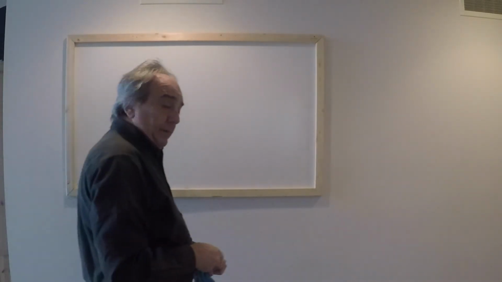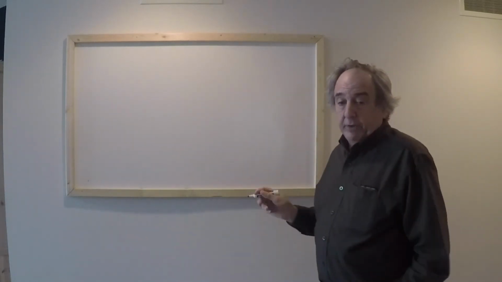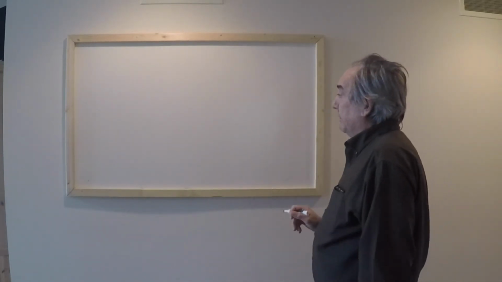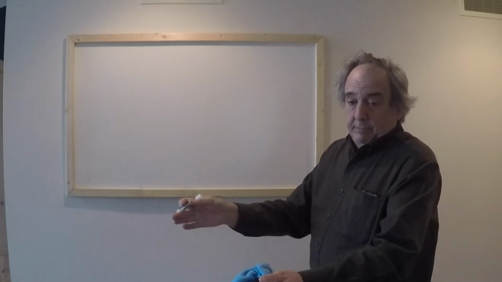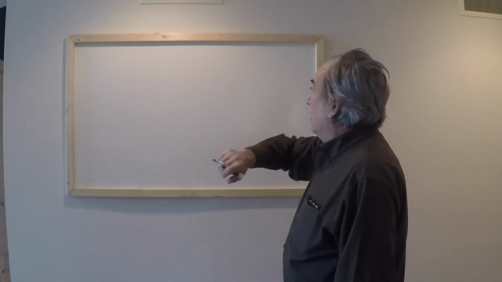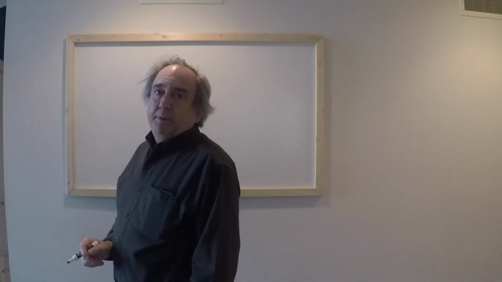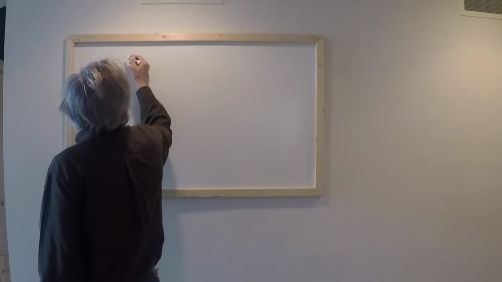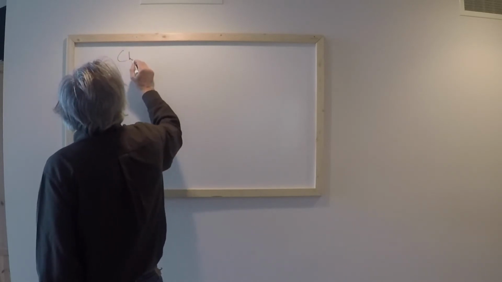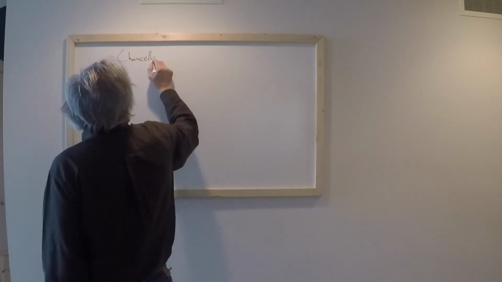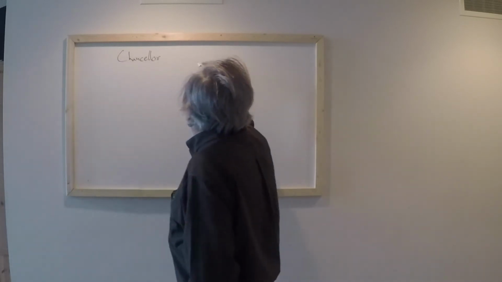Oh, I shouldn't have erased that. You'll note that in many of these I have not really thought all the way through on my pedagogical presentations. But, let's go back. So the chancellor, how many people do we have? Chancellor is responsible for the whole university.